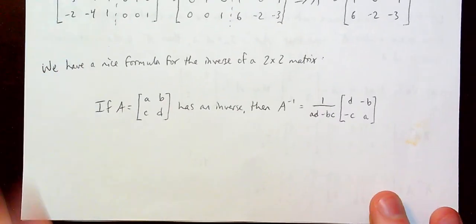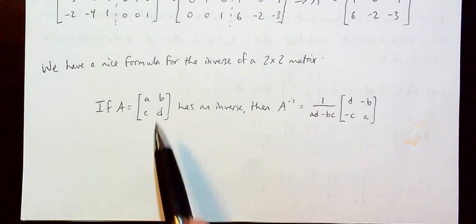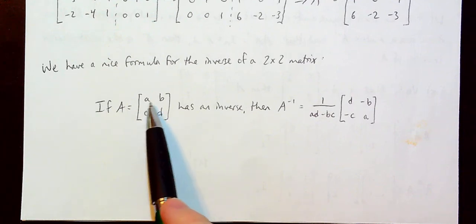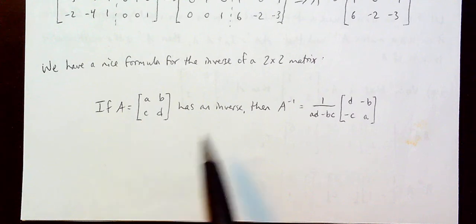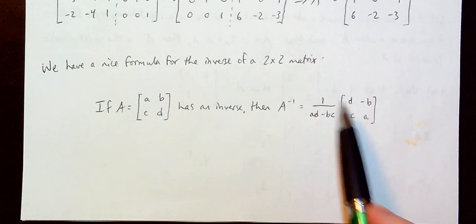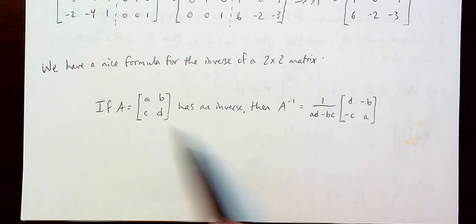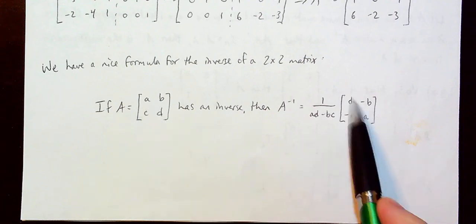As I said, we do have a nice formula for the inverse of a 2 by 2 matrix. It's a very simple, very straightforward formula. If your 2 by 2 matrix with entries A, B, C, D has an inverse, then the inverse is going to look like this. It takes the entries on the main diagonal and switches their places.